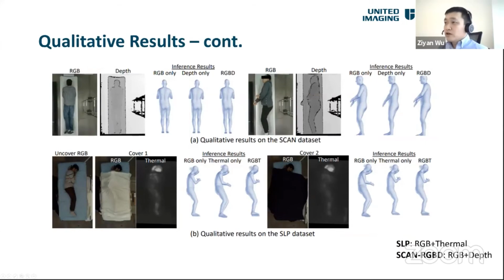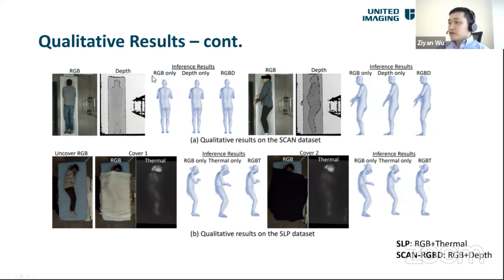And here are more qualitative results. An interesting thing to see is that, like I mentioned, even if the model is trained with RGB and depth data at the same time, at inference time, when one of the modalities is missing, the model can still infer and generate reasonable results.